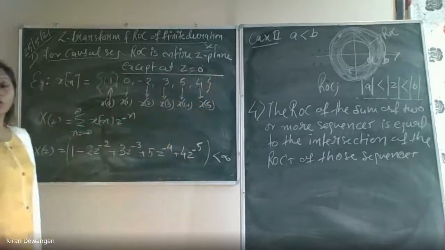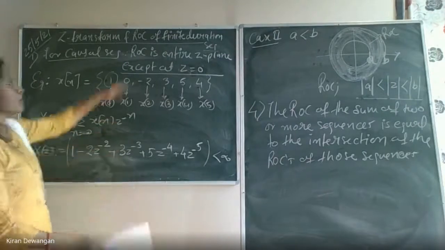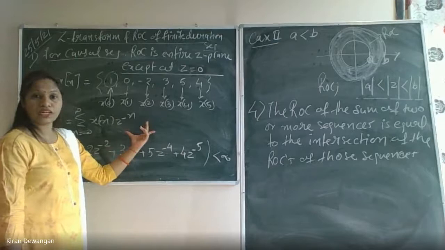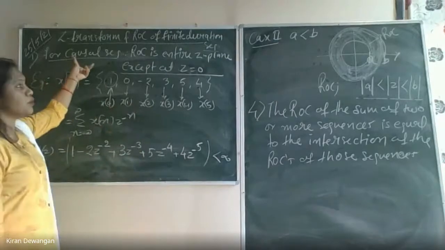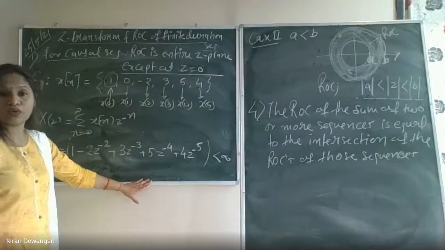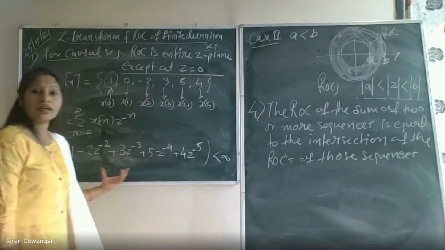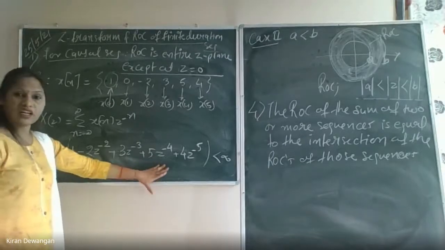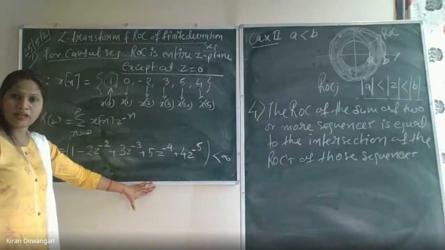ठीक है? For any causal sequence, for finite duration causal sequence, what it is saying, the x of z will converge for all the values of z except at z equals to 0, because these are all negative powers of z and definitely it will exist in the denominator. Negative powers का क्या मतलब है? ये denominator में lie करेगा, right?